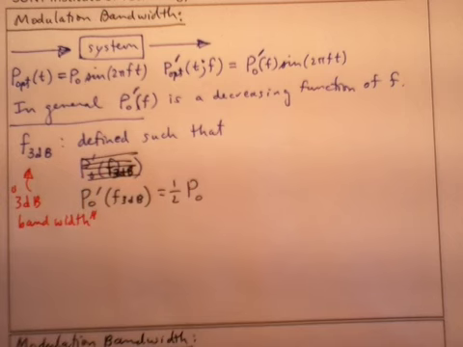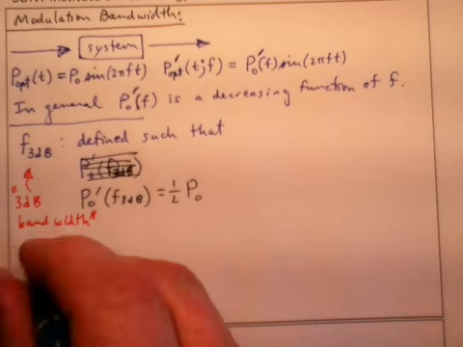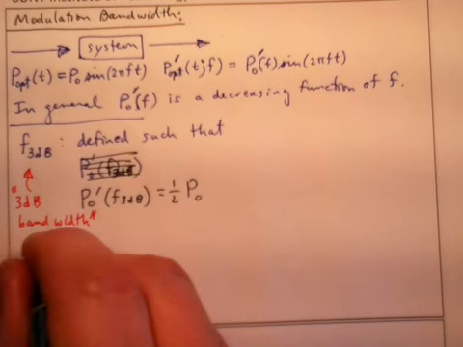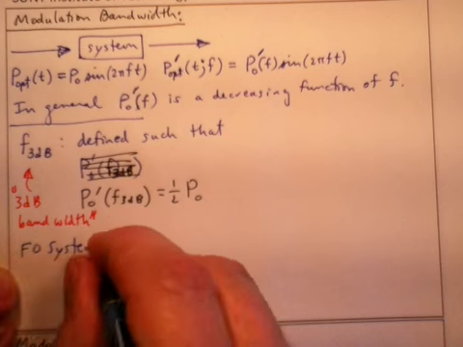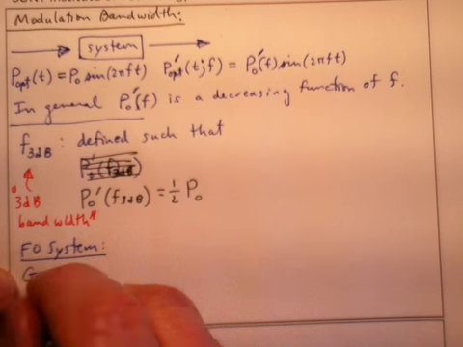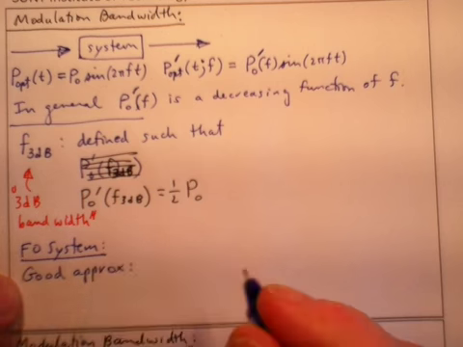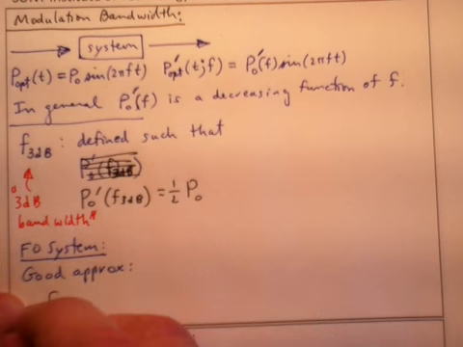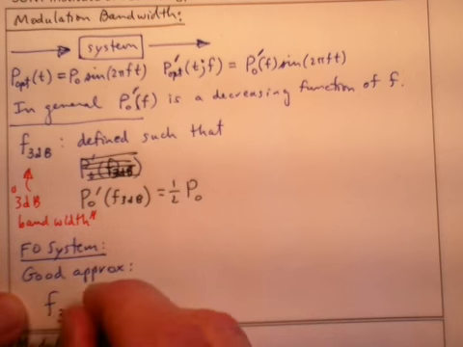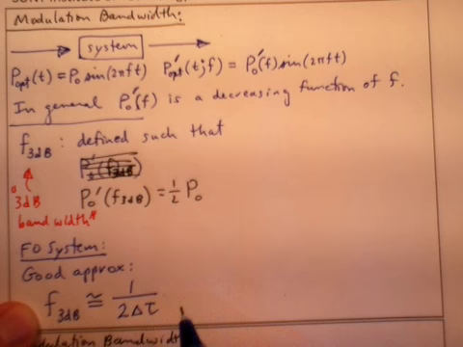And in our fiber optic systems, what we're going to see is typically that this 3 dB bandwidth is, to a good approximation, just related to the pulse spreading in exactly the same way that the maximum data rate is related to the pulse spreading. That is 1/2 delta tau, where delta tau is our pulse spreading.